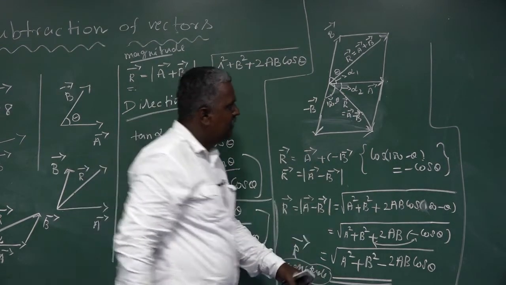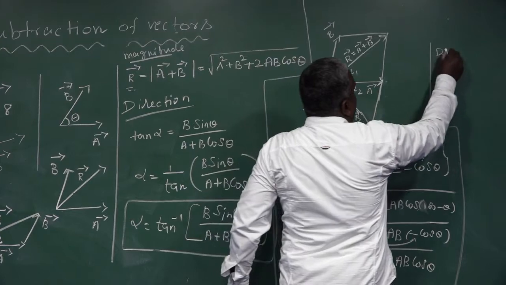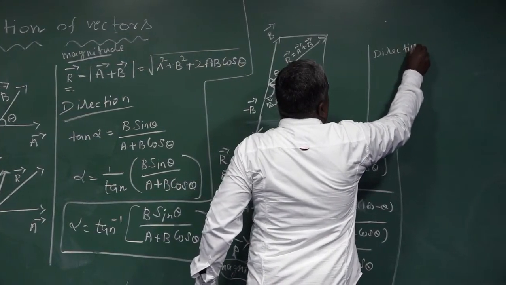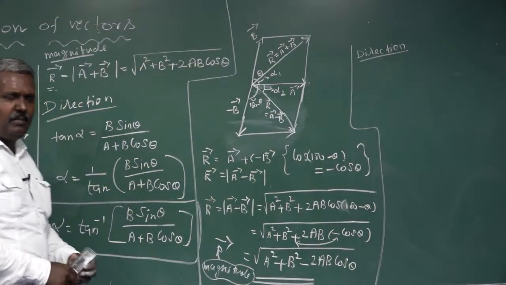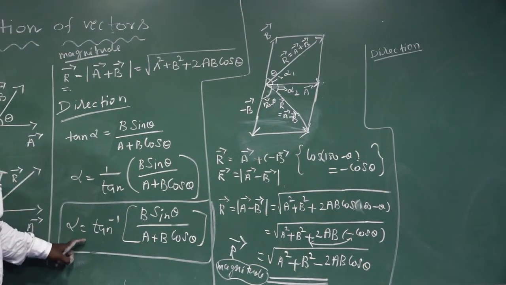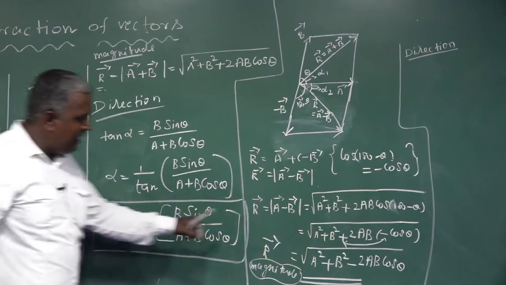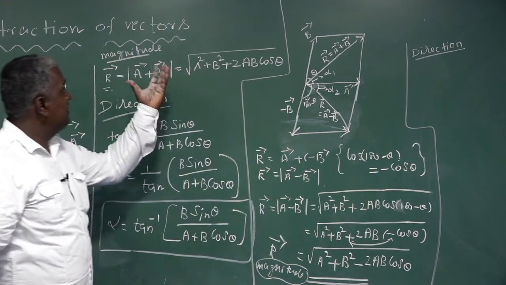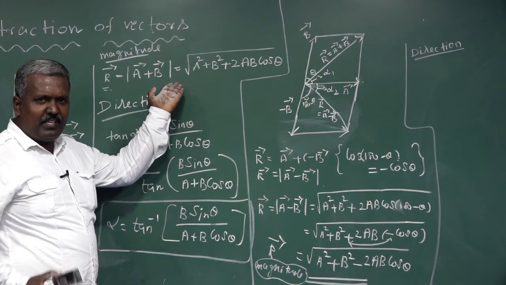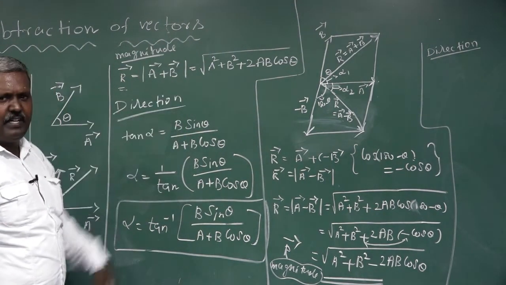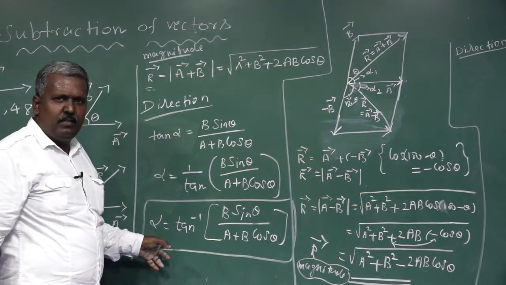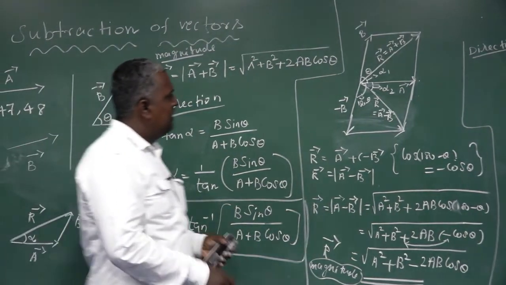Then, the direction of the resultant vector. How do you write this formula? Now we can write the direction of the resultant vector in subtraction of two vectors with the help of this formula. Try yourself.